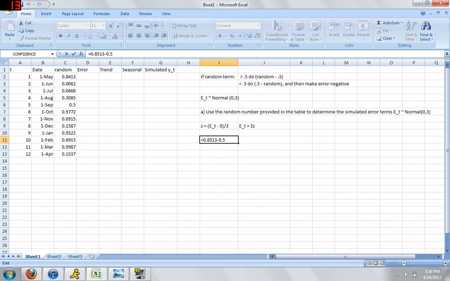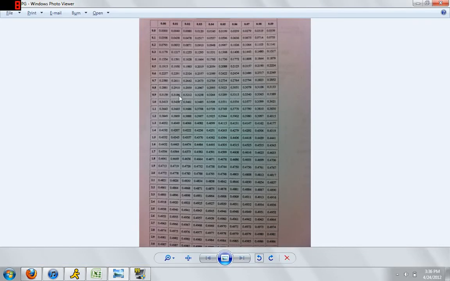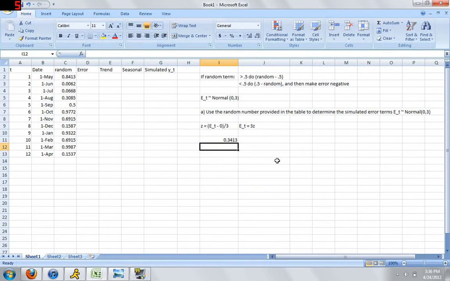If you go to the standard table, you know 0.3413 is equal to 1.00. So you know that's going to be the z value. And from there, you can multiply that by 3 using this equation we derived earlier in order to get your error term. So your error term will be 3.0.